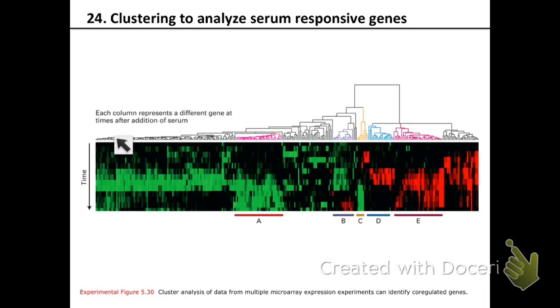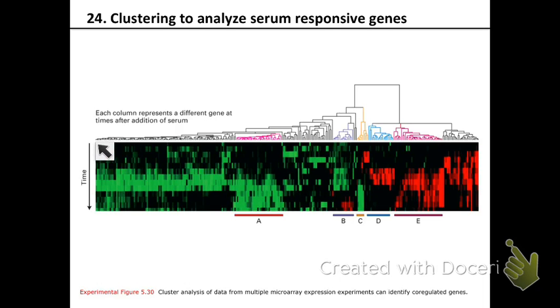That is, after serum addition, they took a sample out at 0 minutes, 10 minutes, 20 minutes, 30 minutes, etc. So they can follow the progression of the gene expression response to serum addition over time, right? So that's another way you can use microarrays. So we're looking at the expression of every gene in each column across time in each row.